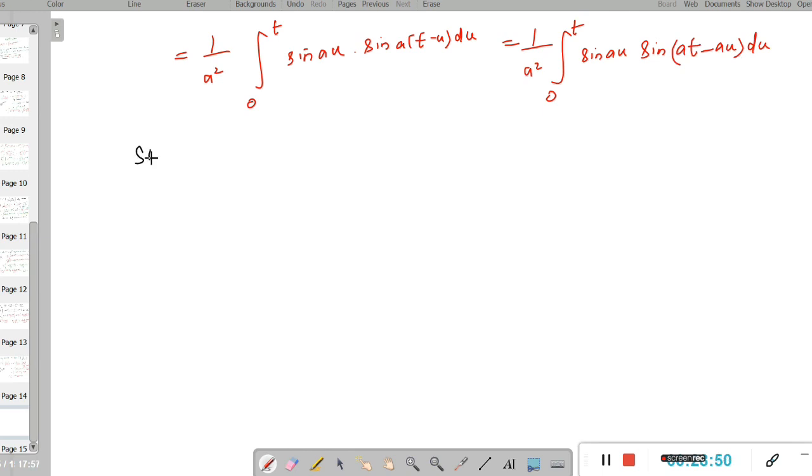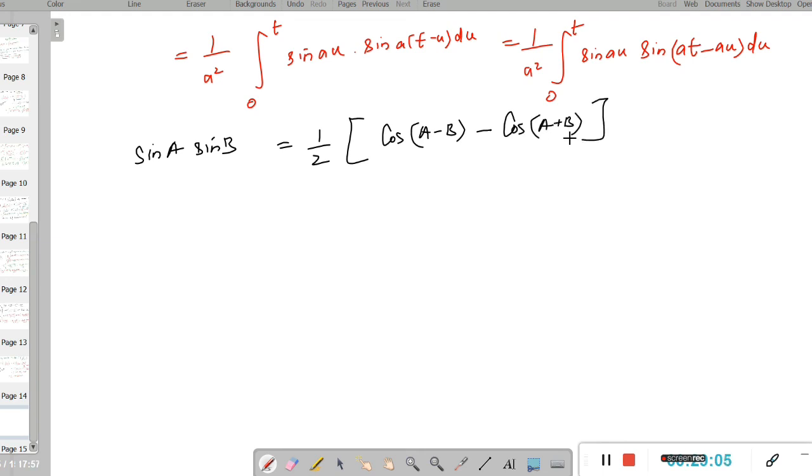Now I am going to apply sin a sin b equal to 1 by 2 [cos(a minus b) minus cos(a plus b)]. Take the first term as a, and the second angle as b. By using a and b, you can apply it.